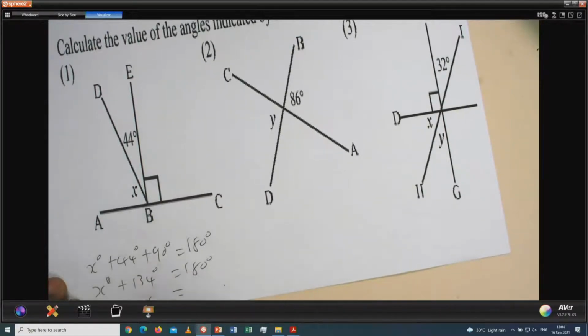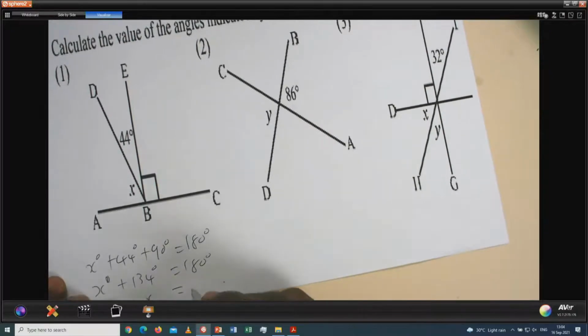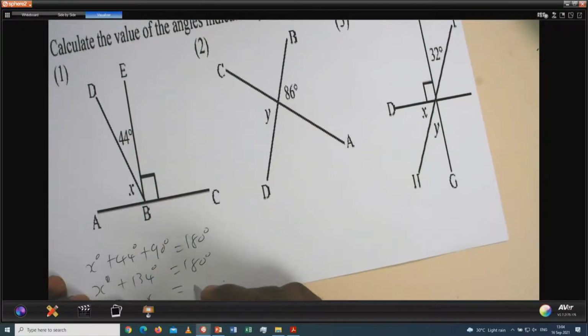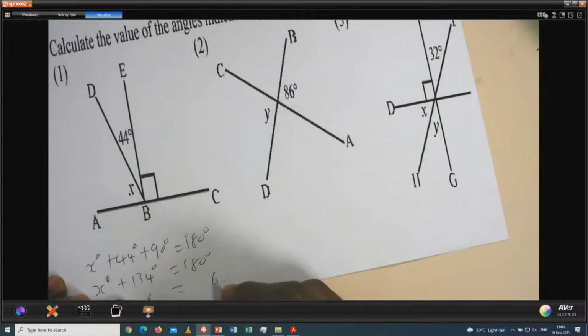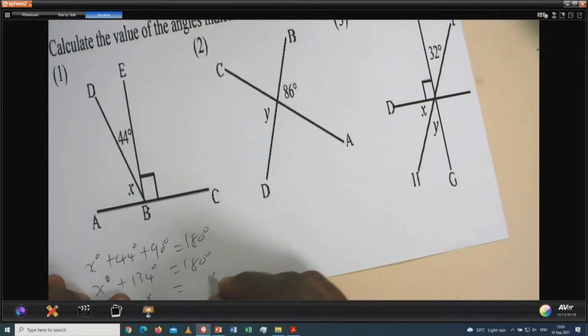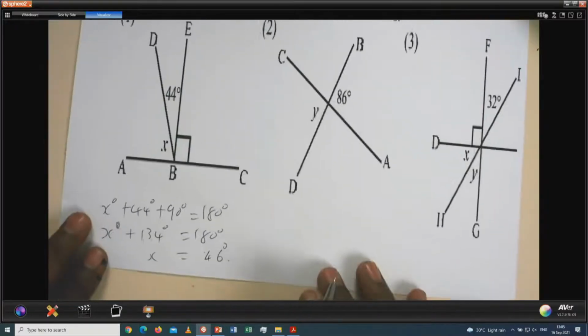Therefore, your x will be equal to 46 degrees.